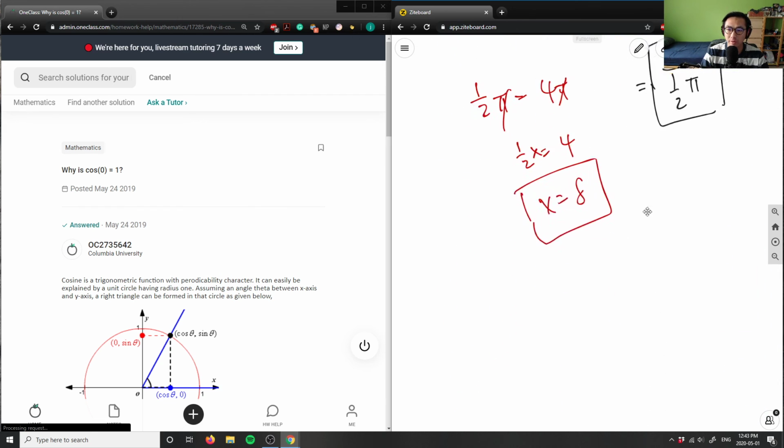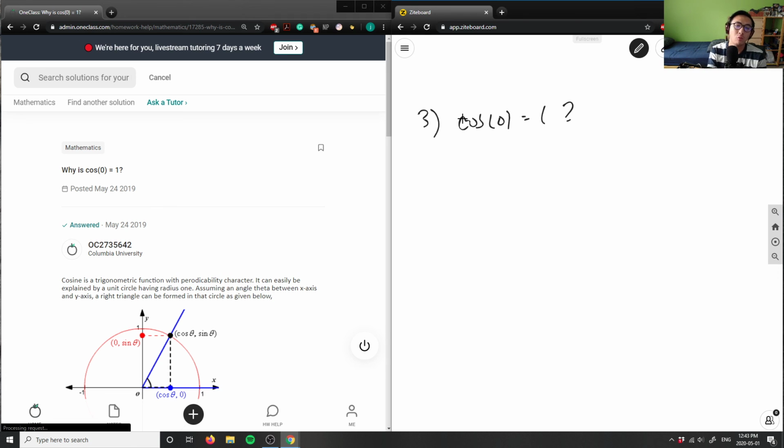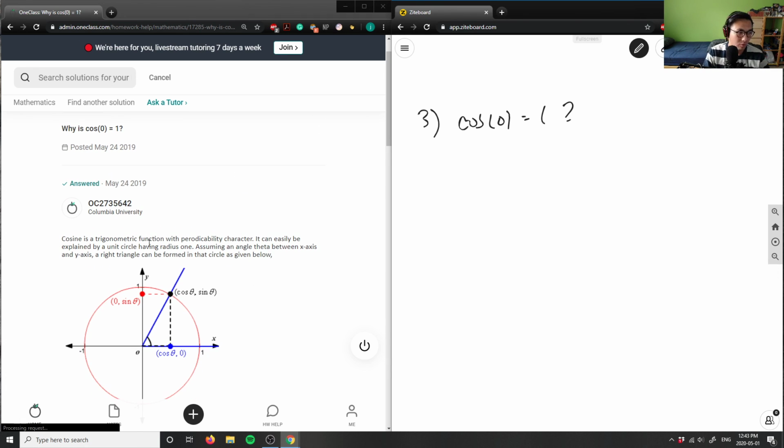Let's look at number 3 here. It's asking, why does cos 0 equal 1? You can answer this using the trigonometric circle that they've provided, or you can simply graph the function.